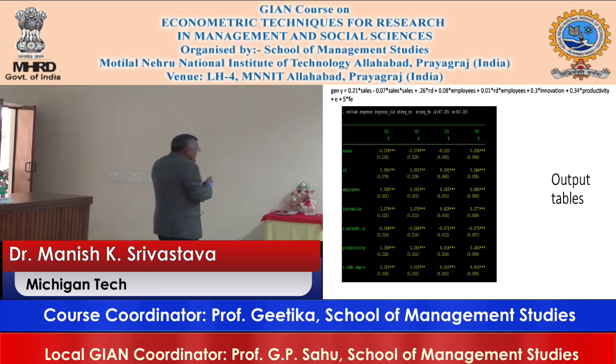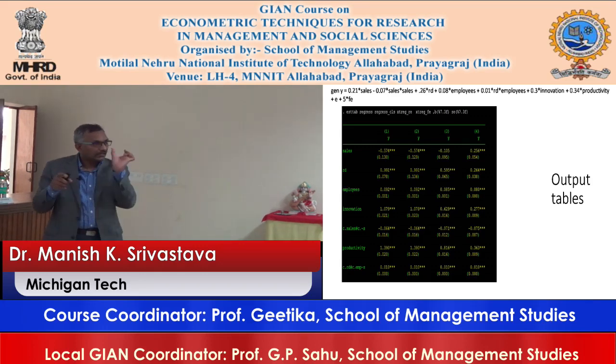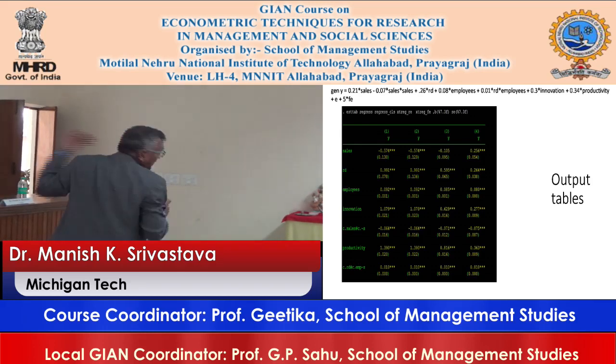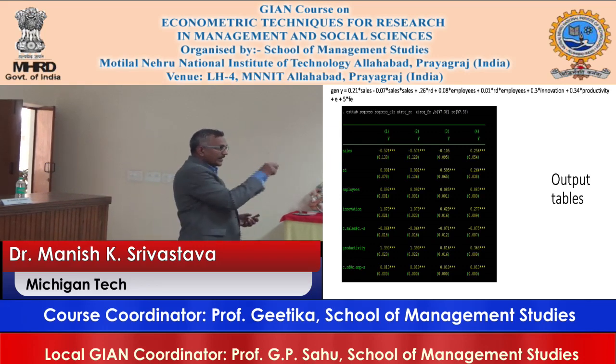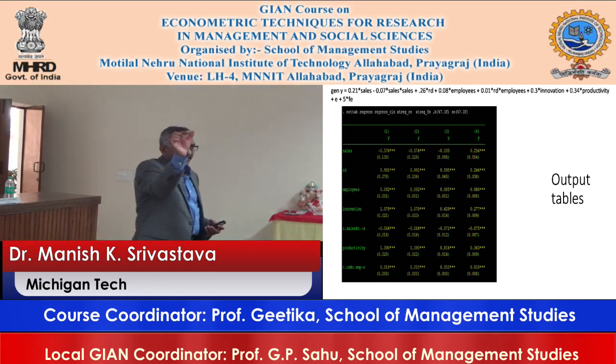So all I'm going to do here is, at the end, write vce and within the brackets cluster, and then the ID of the cluster variable, which was the firm ID we're using, just the ID. Okay, so I will be writing vce(cluster ID).